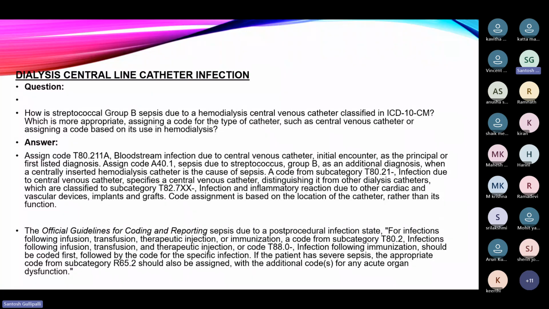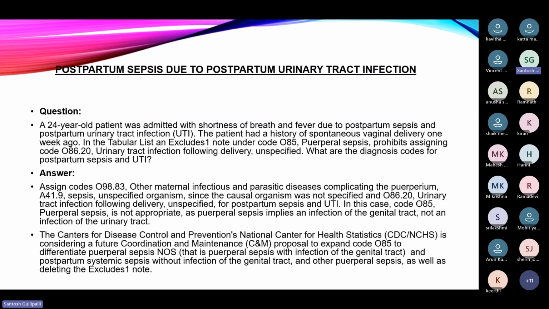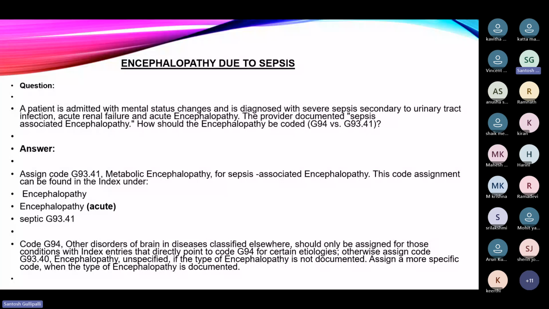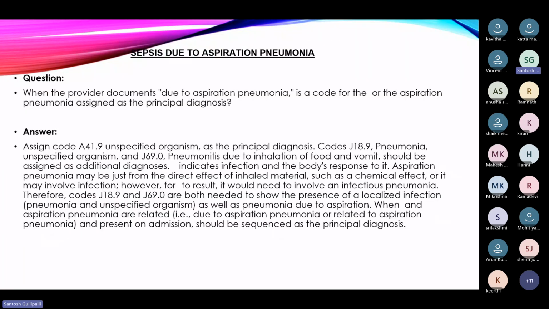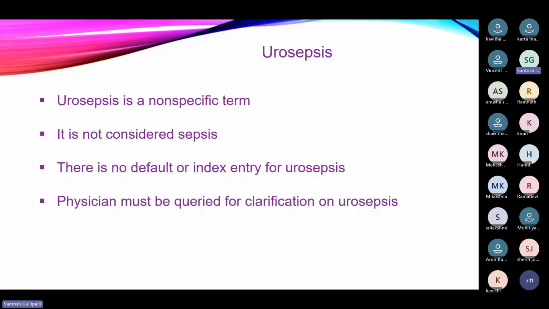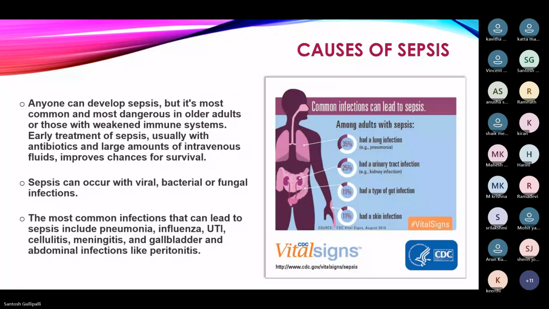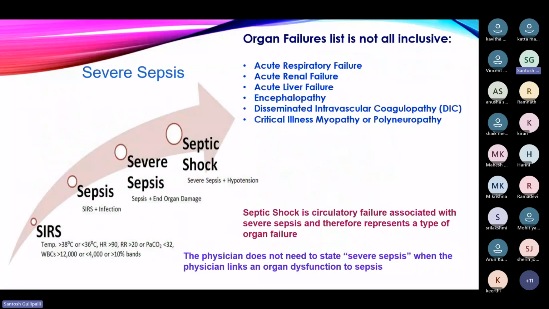The source of sepsis is due to a dialysis central line catheter, so how to code? We will discuss all of these one by one. Any questions regarding the sepsis topic? This is a very complicated chapter, but it is very interesting. Is it interesting or boring?